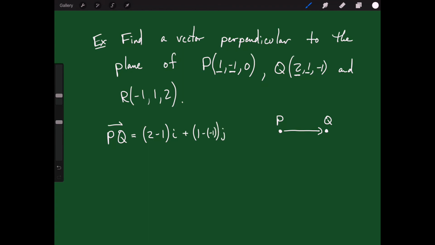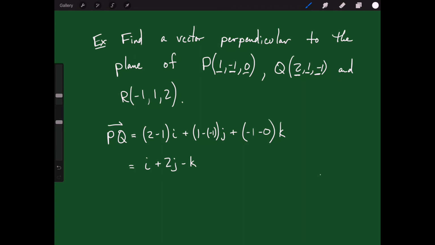That's j. And then plus the k component, which is negative 1 minus 0, k. In other words, this is going to be i, and then 1 minus minus 1 is plus 2j, and then minus k. So that is the vector PQ.